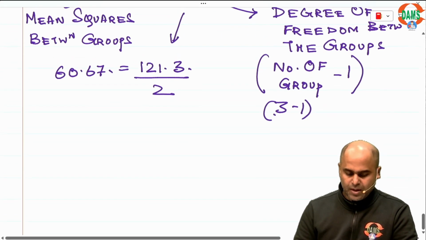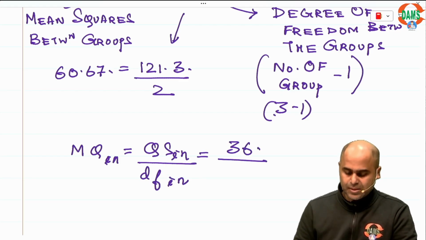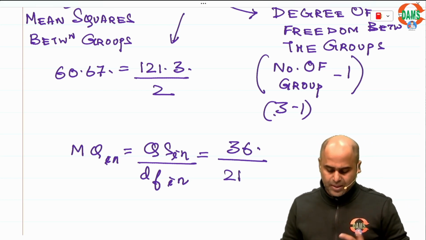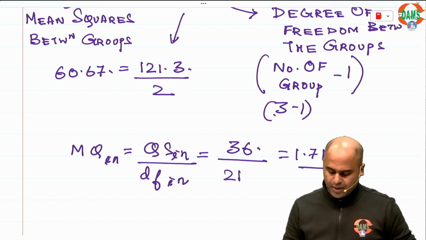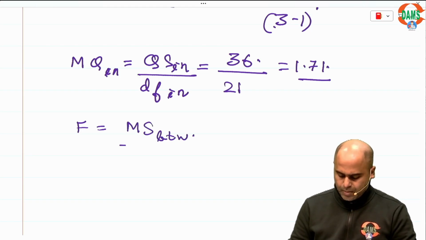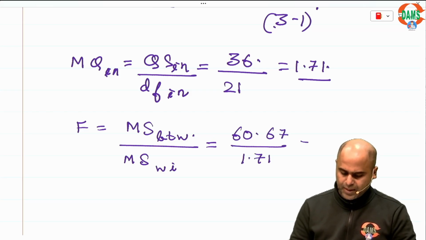Similarly, we will calculate for within the group in the same manner. My value was 26 by 21, because the degree of freedom is the total 24 values minus 3. This gives me 1.71. Now the F statistic is the value of mean square between the groups and mean square within the groups: 60.67 by 1.71.